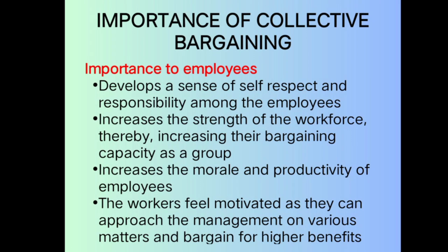So once they do the bargaining, that is collective bargaining, a group of people who come together and do the bargaining, they will come to know the main importance of the employees to the organization. And also the importance to employees is developing a sense of self-respect and responsibility, and the workers feel motivated.